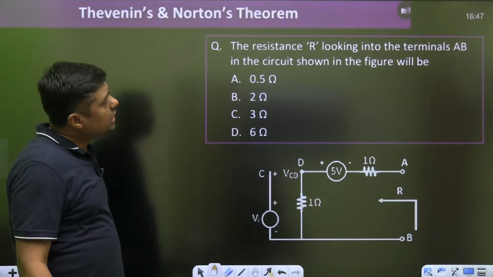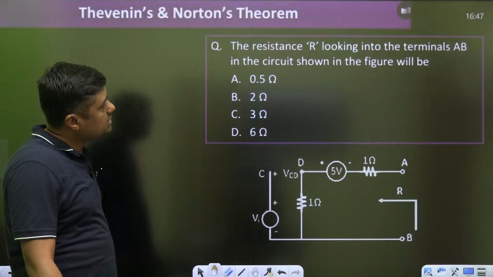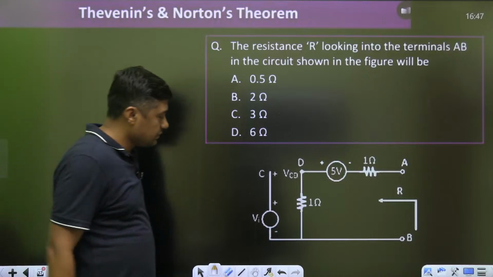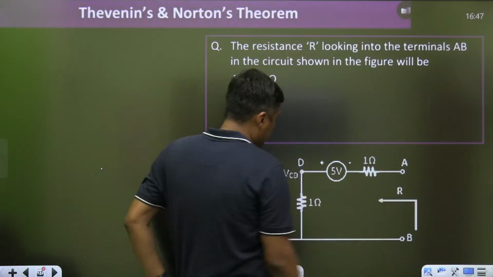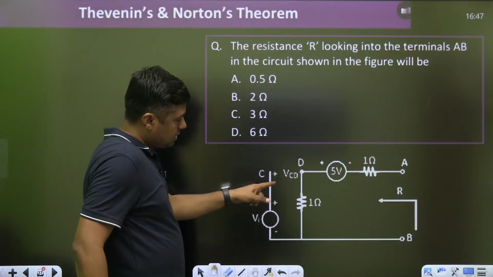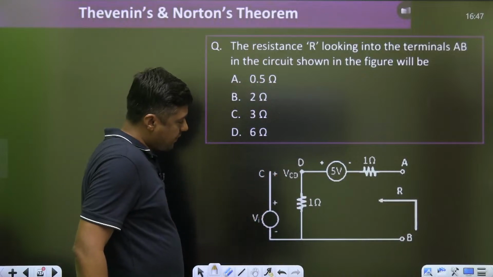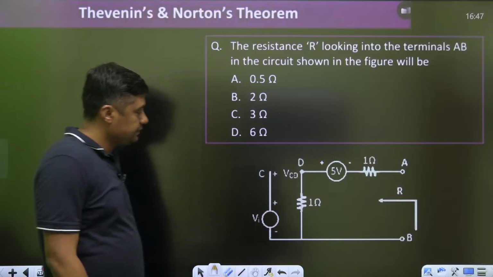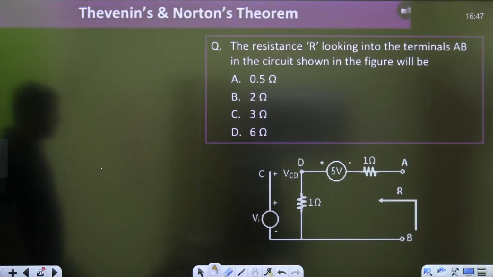The resistance looking into the terminal A, B in the circuit shown in the figure will be. This is the resistance R, right? And that is the VCD, the C and D, and this is the VI. Okay. Tell me.